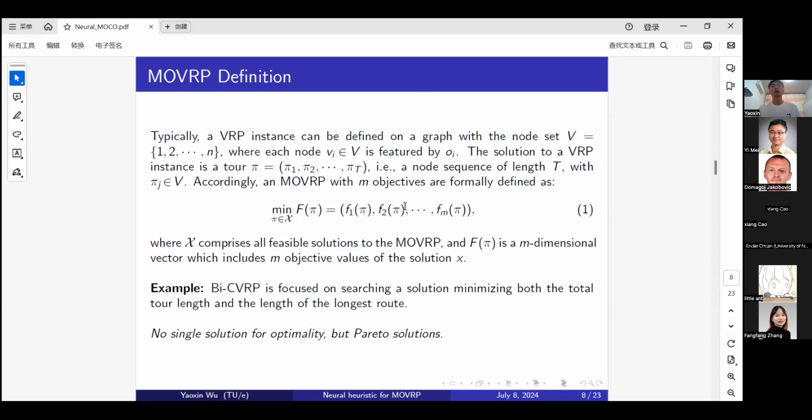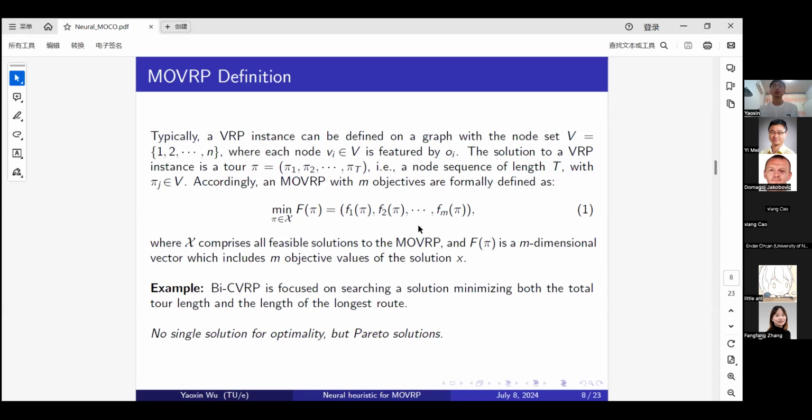In a single objective CVRP, we only concern the minimization of the length of the tour. But in the multi-objective vehicle routing problem, we may also focus on how to minimize the longest route in the tour. So we have different objectives.